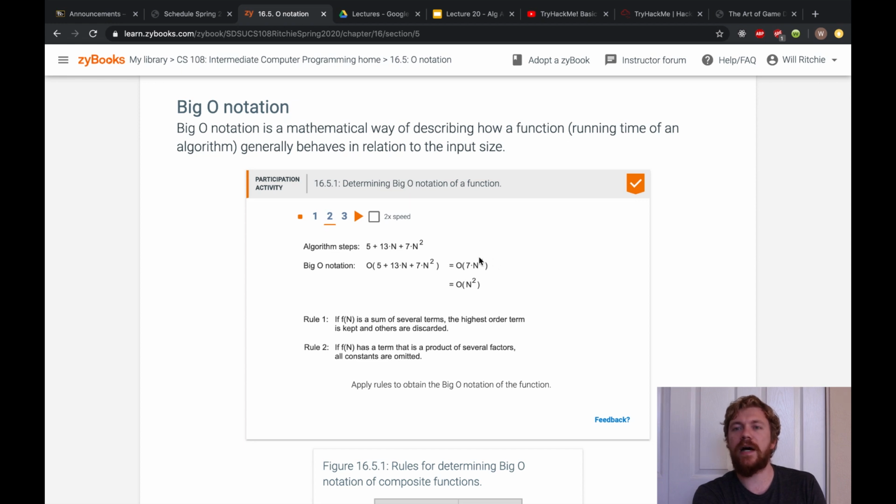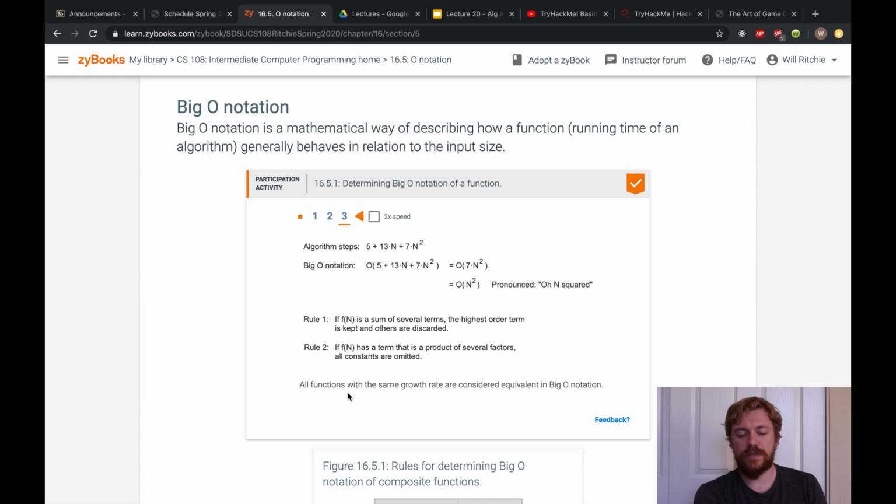And once we've determined the highest order term, the next step is to apply rule 2. If a function has a term that is a product of several factors, all constants are omitted. So in other words, this 7 here is not necessary. And it's not necessary because, like I previously mentioned, big O, this asymptotic notation here, only cares about growth rate. And because of that, the constant can be removed. And so here we are, big O of n squared.